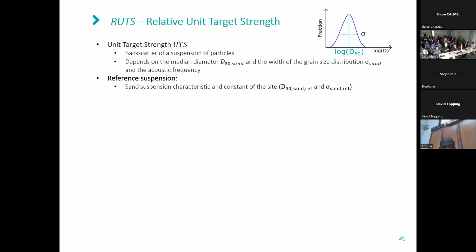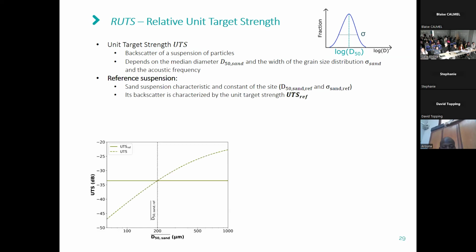And it's characteristic in terms of the grain size and the grain size width, as well as the concentration. Knowing this reference suspension, we may then determine the UTS, that's the target strength, of this reference suspension. So we can then determine this UTS ref, which is constant.